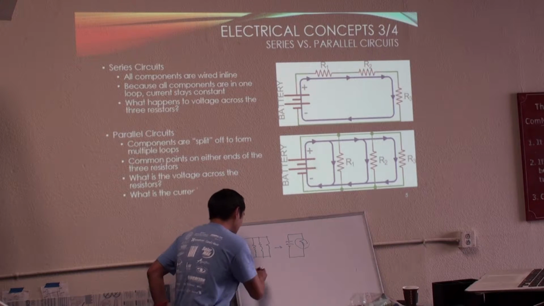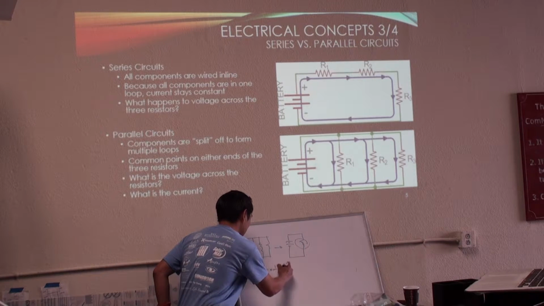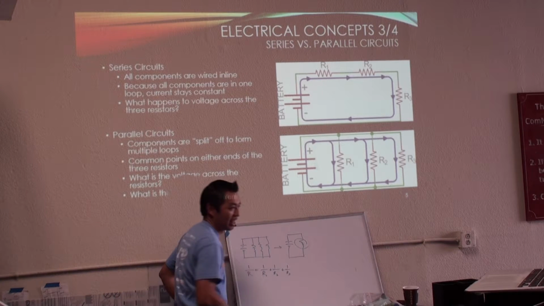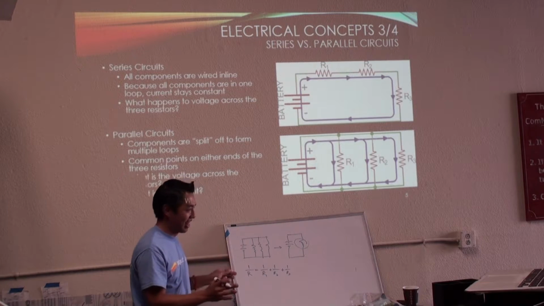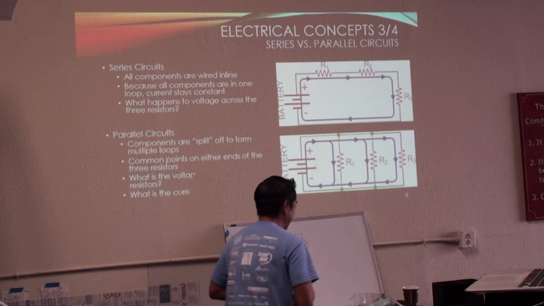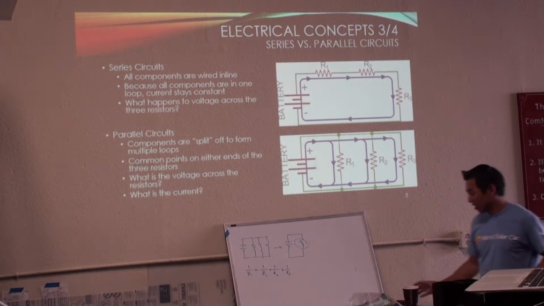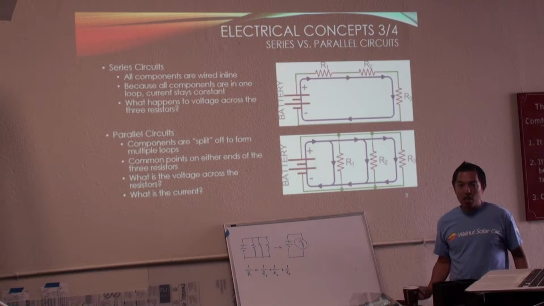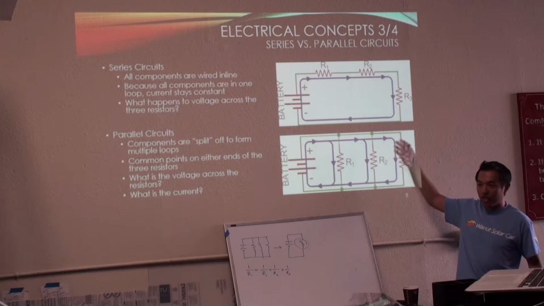So I believe that resistance is R1 plus R2 plus R3. And then you have to calculate back for it. I'm not going to do that here, but you get the concept that there's all the same resistance. The whole point is if it's the same resistance, you'll have the same current coming through here.